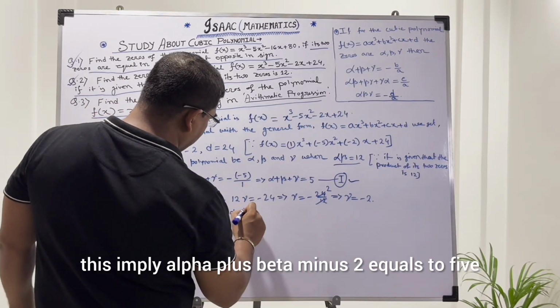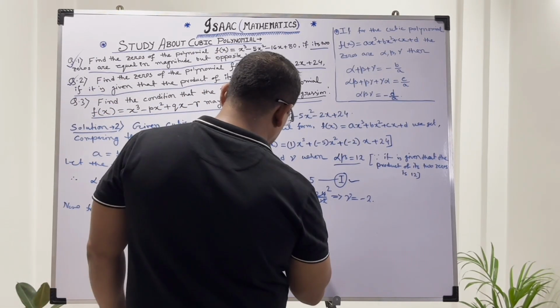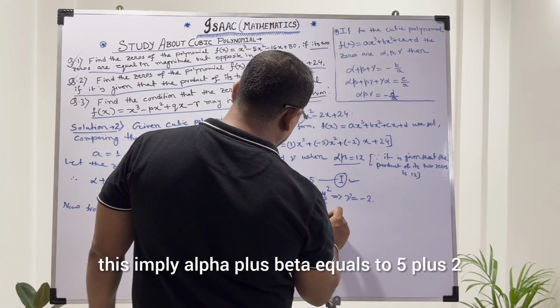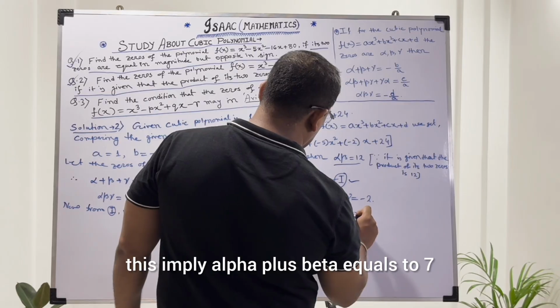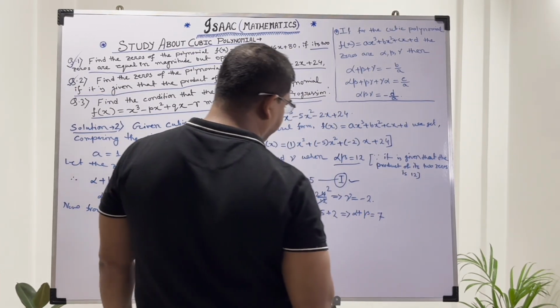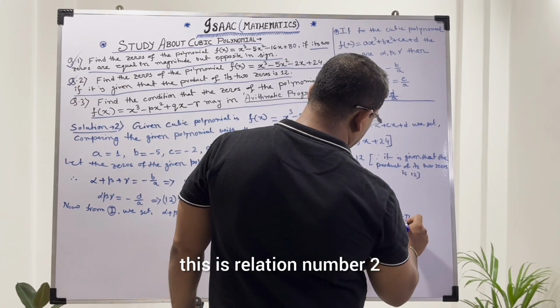This implies alpha plus beta minus 2 equals 5. This implies alpha plus beta equals 5 plus 2. This implies alpha plus beta equals 7. This is relation number 2.